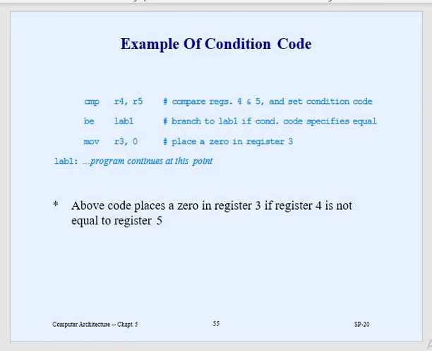As an example of the condition code, you can see here that we are comparing the two registers R4 and R5 and branching to lab 1. That one branch I have named anything.